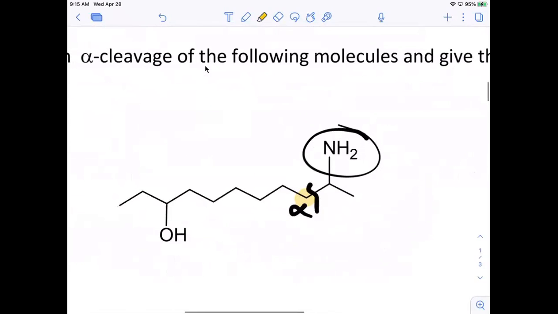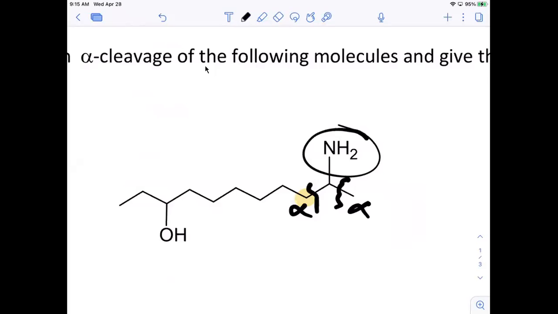So alpha would be immediately adjacent. So over here, this is a CH3. So you would cleave there.